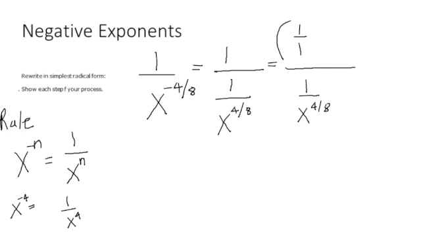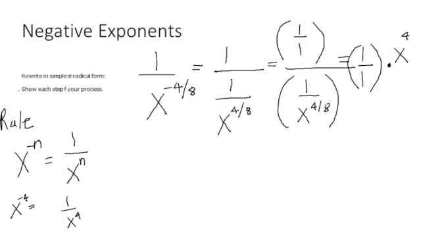Okay, so what you may see here is that we have a fraction divided by a fraction. So some of you may remember the rule there. Dividing fractions is easy as pie. You flip the second and multiply. So that means this is 1 over 1, this fraction, times x to the 4 over 8 over 1. Okay, dividing fractions, flip the second, and multiply.